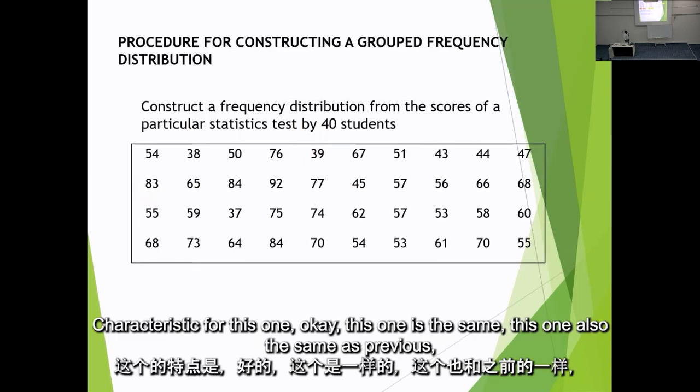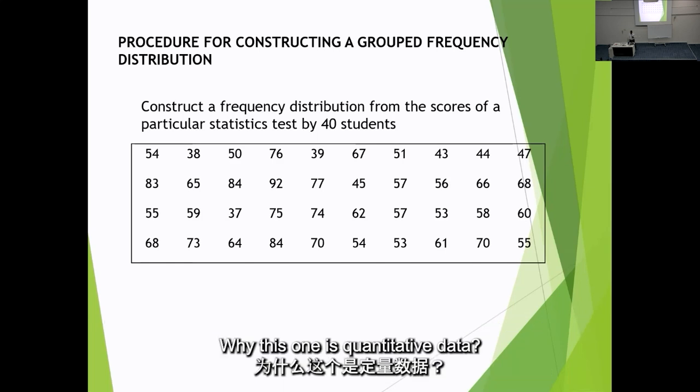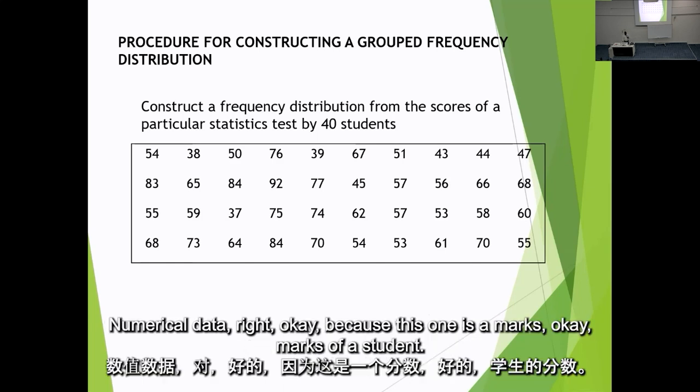The characteristic for this one is the same as previous. We have the data, which is what we call quantitative data. Why is this quantitative data? It is numerical data, because these are the marks of students.